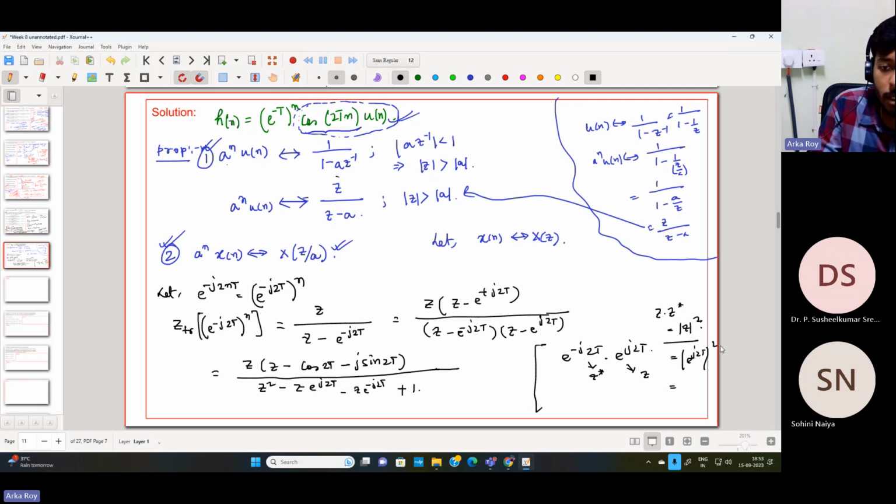Any form of e to the power j theta has magnitude 1, so it is basically 1 squared, equal to 1. By that logic, this term is coming over here. So the z transform of e to the power minus j2t, to the power n, is giving you this sort of relation.